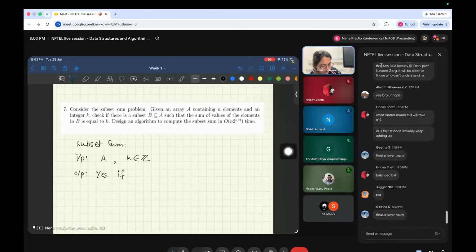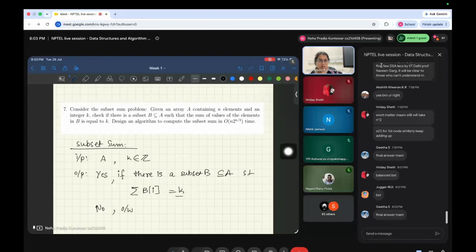You're going to say yes if there is a subset B of A such that if you sum up the entries in the set B, then you get integer k. Otherwise you will say no.